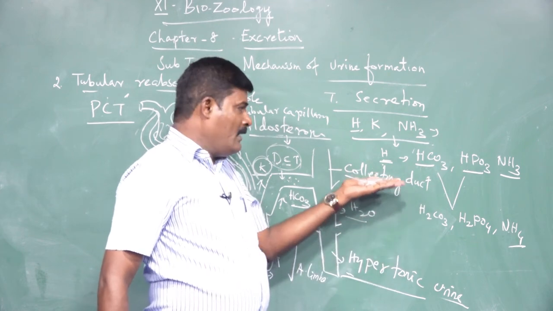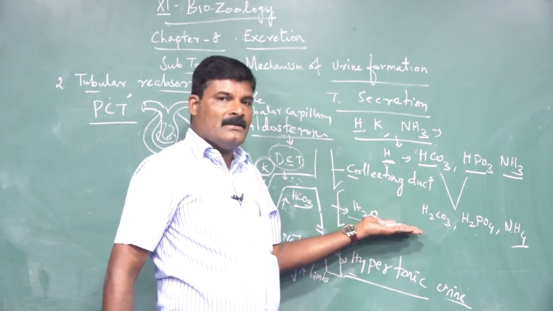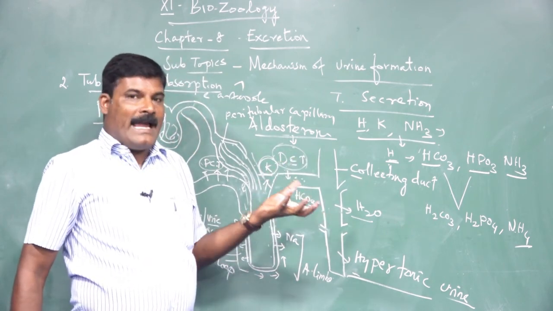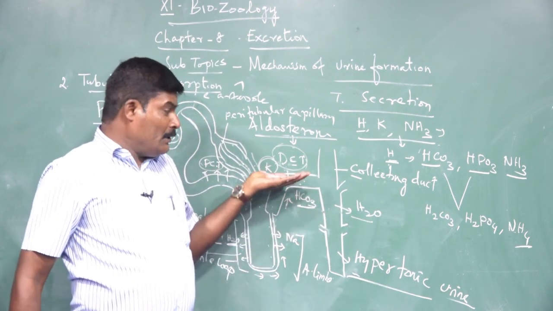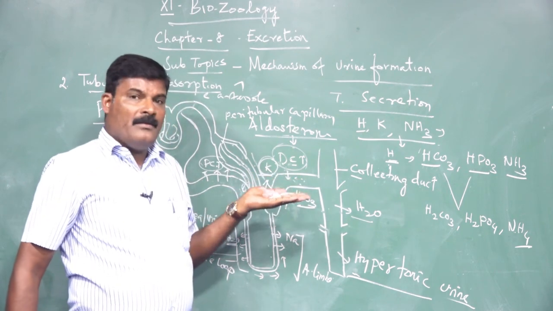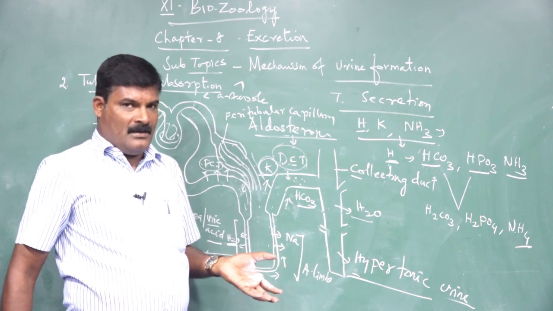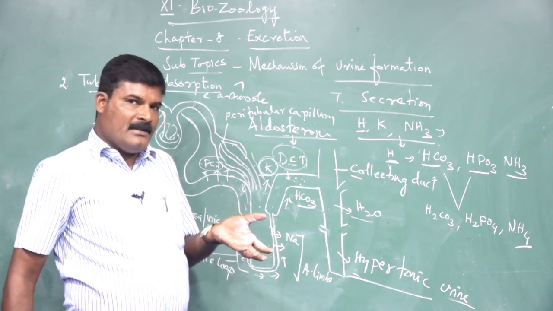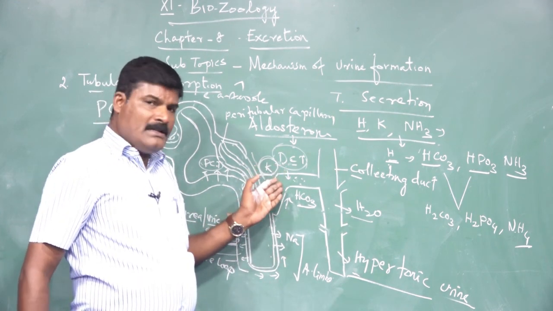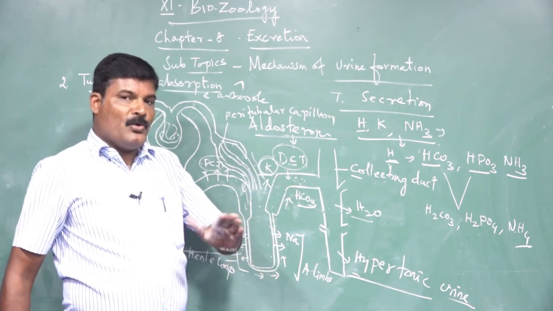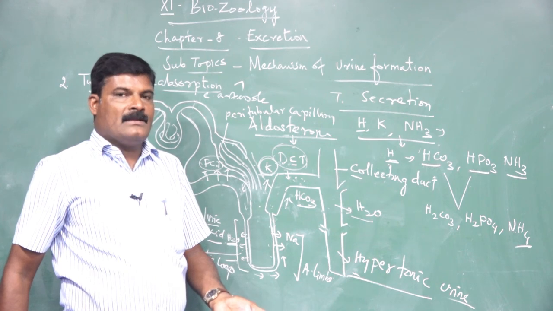Here, hydrogen is secreted in different segments of the nephrons. Hydrogen and potassium are secreted into the tubules and enter the filtrate, and at the same time the sodium is reabsorbed.